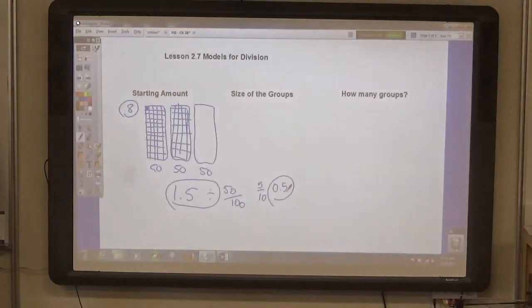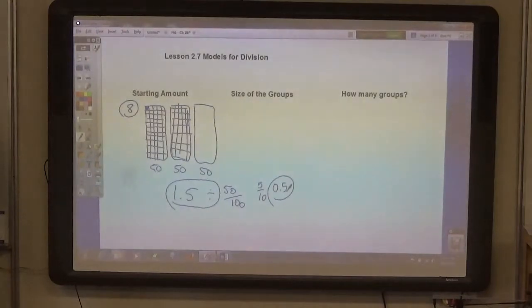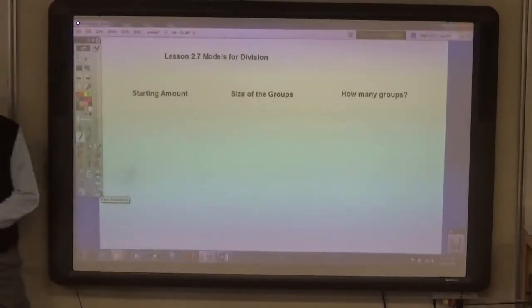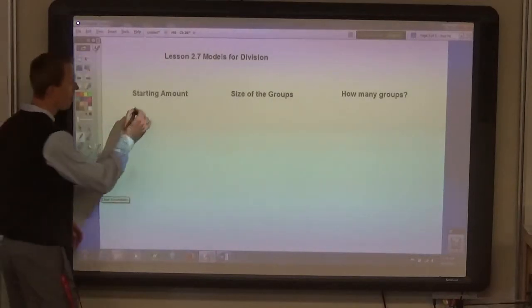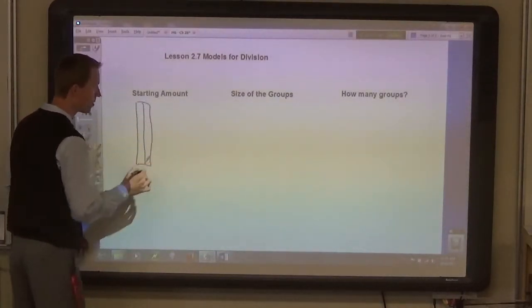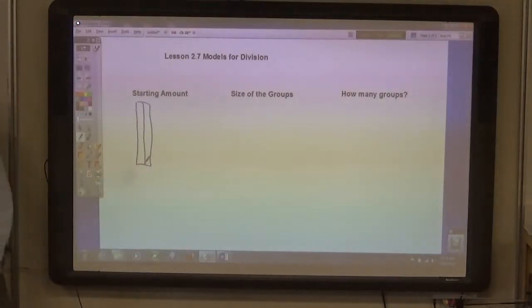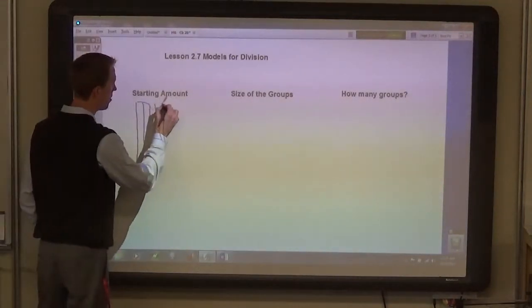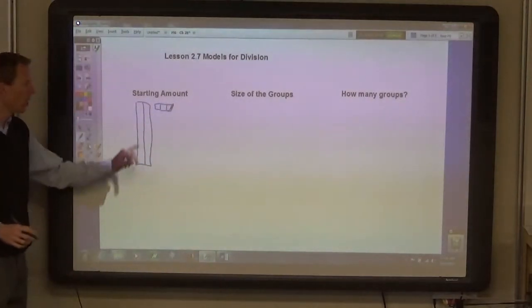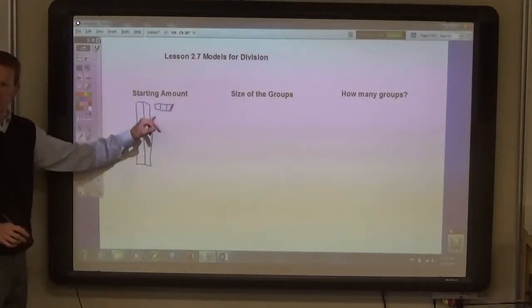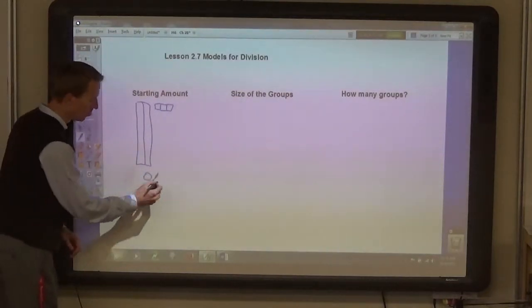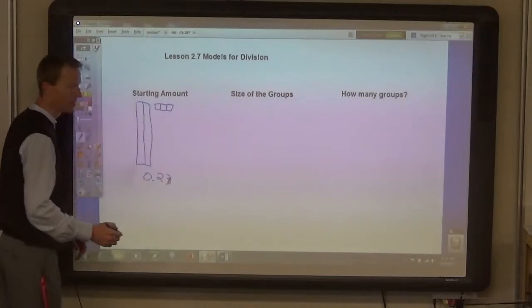What is the starting amount? If you put all of those blocks together, there are 2 tenths and 3 more. So what number is this? 0.23.